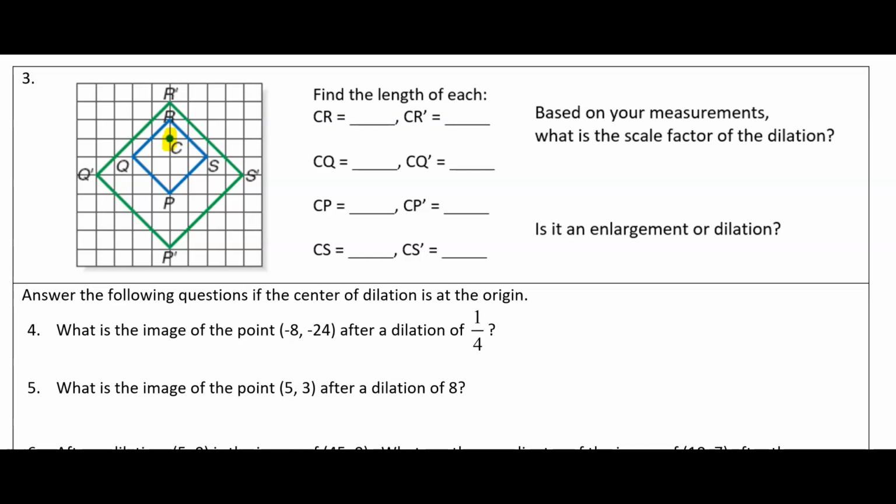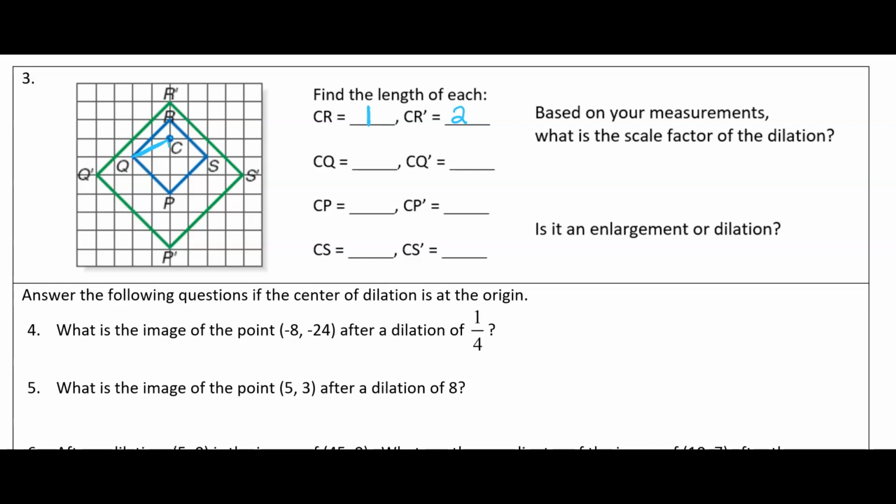So the first thing that it asks us to do is to find the length of each. So CR is right here, and it is 1. CR prime is double that, so that is 2. Now, it asks us to find CQ, which is a little bit of a problem because CQ is a diagonal line. But that's okay.